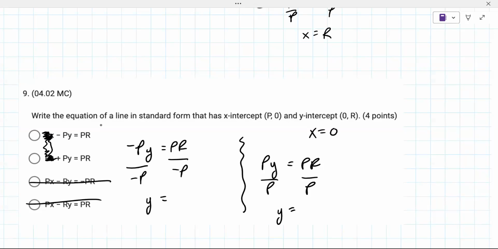So which one gives you R is really what we're trying to figure out here. It'd be PY equals PR. The other one would give you negative R. So that tells you that it must be the second choice there.